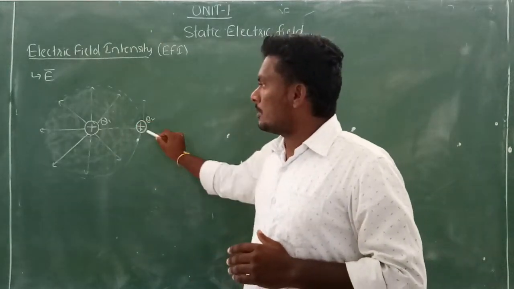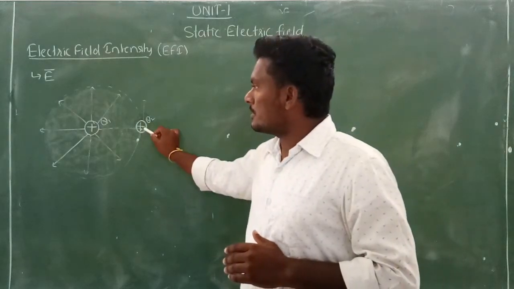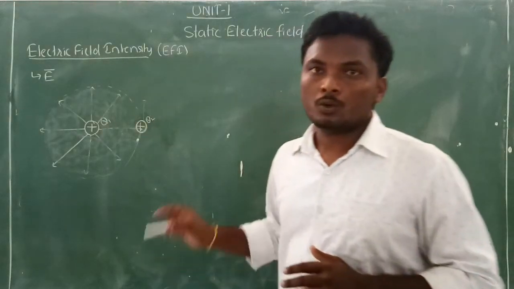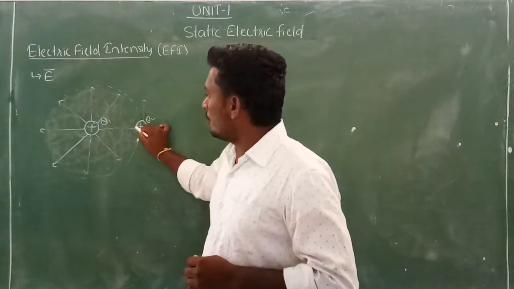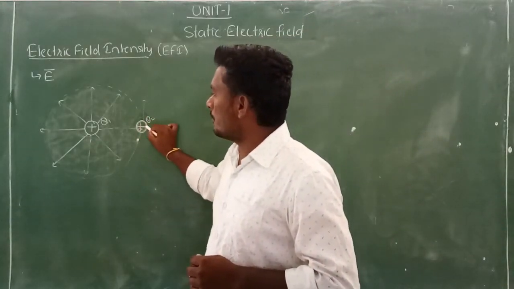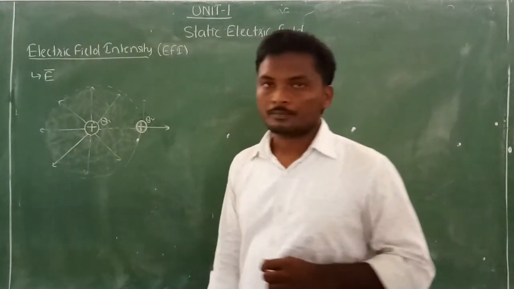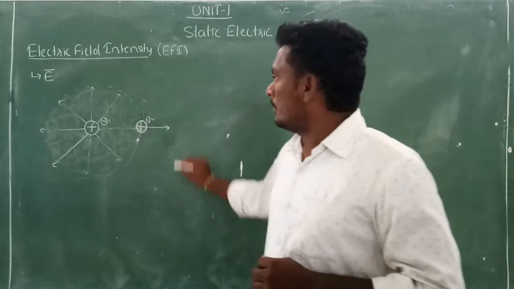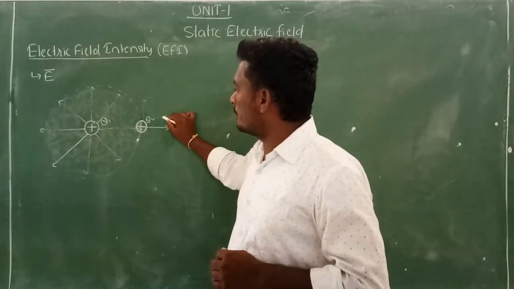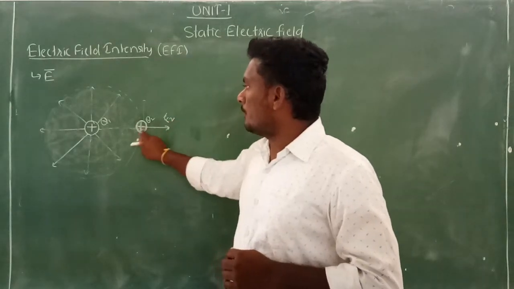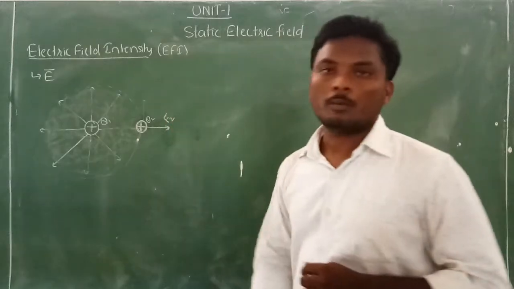Due to similar nature, like charges, a force is exerted on Q2 due to Q1. Due to the force of repulsion, the charge Q2 is moving away from Q1. Suppose we consider the force exerted on Q2 due to Q1 as F2 bar.